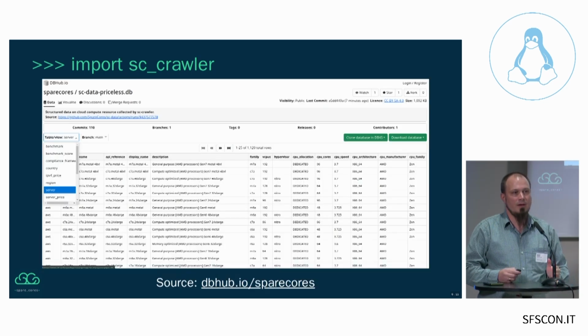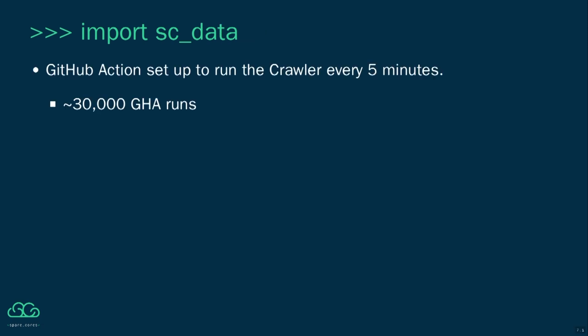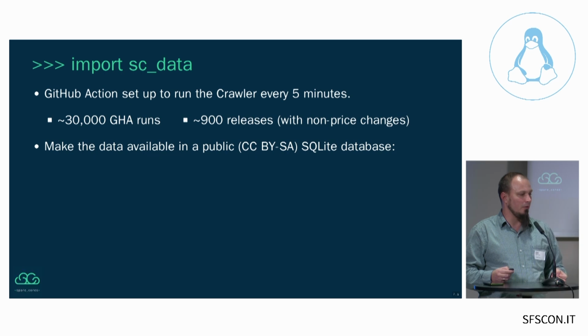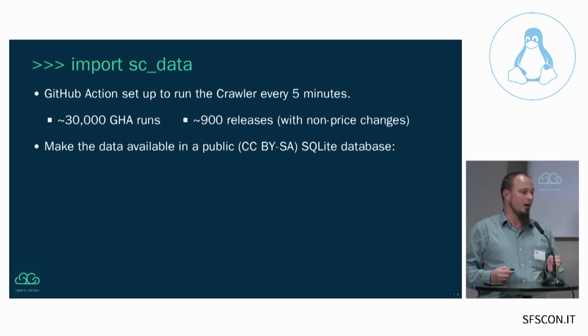Good news is that we have done the data cleaning. This is run every 5 minutes on GitHub, and you get a database dump with clean data. This data is provided as a Python package and as a SQLite database that you can download. So far we have run more than 30,000 GitHub Actions in public with 900 releases.